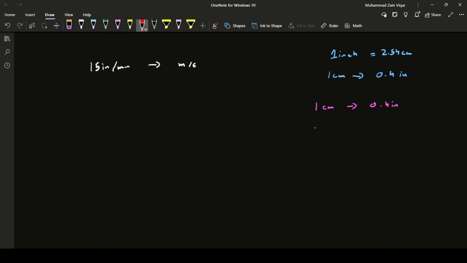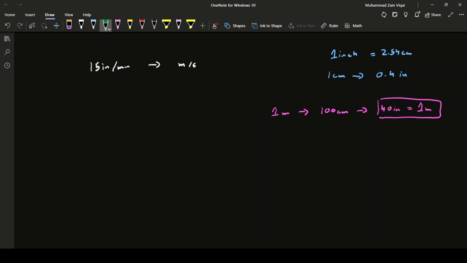So we could just say that 100 centimeters, which is 1 meter, and if 1 centimeter is equal to 0.4 inches, 100 centimeters would be equal to 40 inches. So this conversion is pretty much clear. So 1 meter is equal to 40 inches. This is what we get for the conversion.